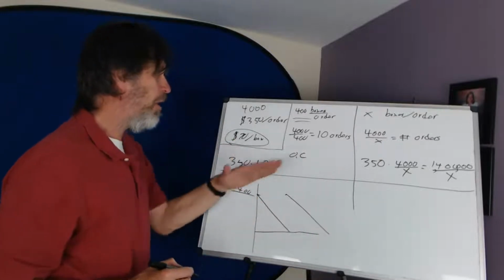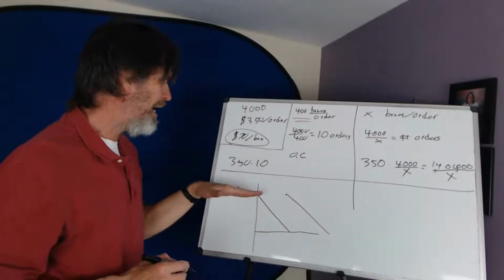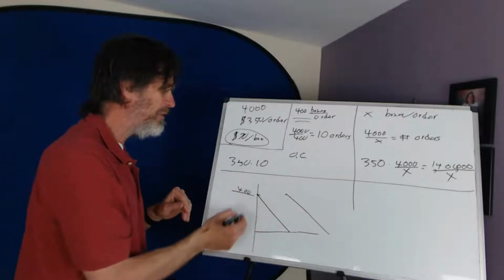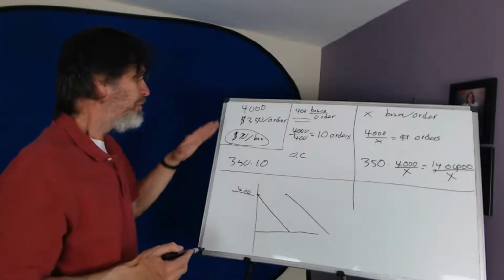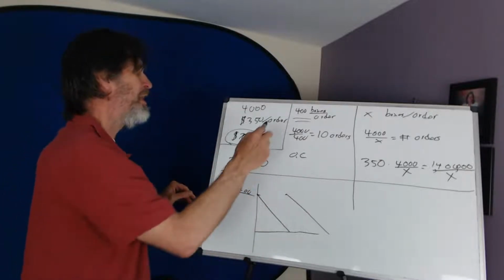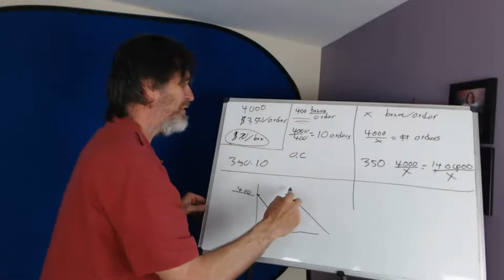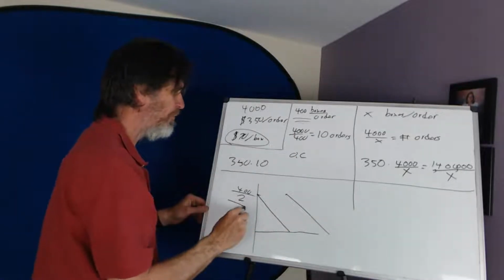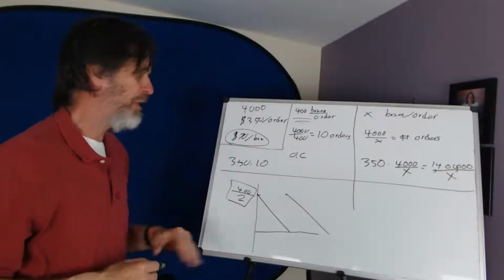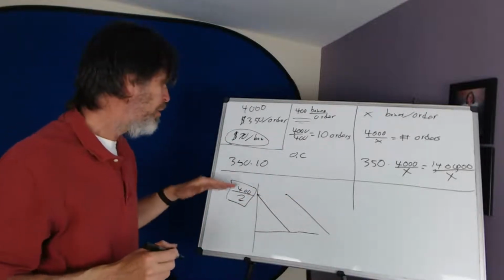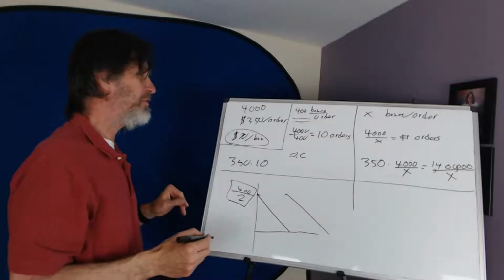Now, I'm not using all of that storage all the time. I'm only using about half of it. Sometimes I have nothing in storage. Sometimes I have 400. So in order to find out my average number of boxes in storage, I take whatever the number of boxes is and divide it by 2. So 400 over 2 will be the average height of this curve, if you want to think back to what we did recently, or the average number of boxes in storage.